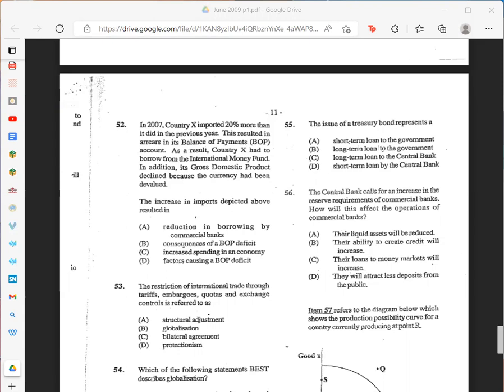The treasury bond represents a what? Yeah, which one does it represent? A loan to what? Yeah, it is a loan, but which type? Long, short, to the government, to the central bank? Who would you say? There's a trick question, want to fool you. And there's something I want you to know.